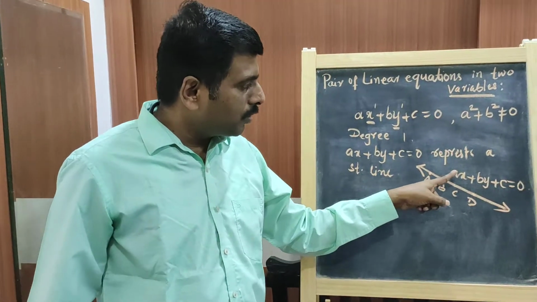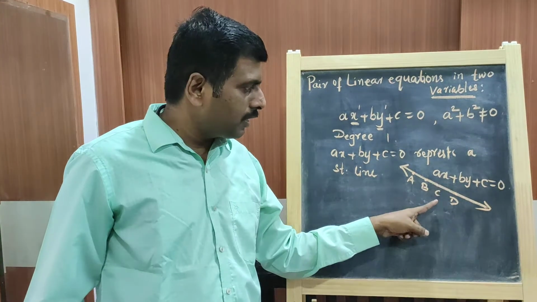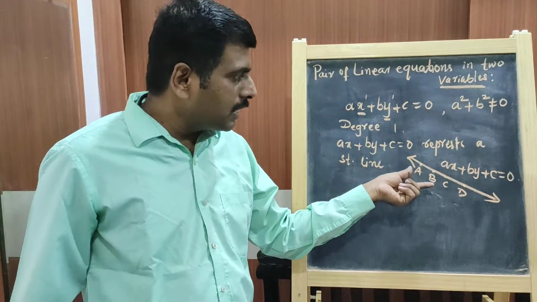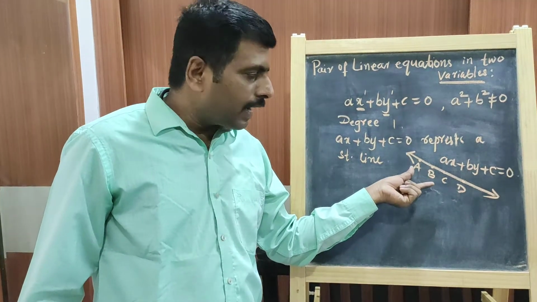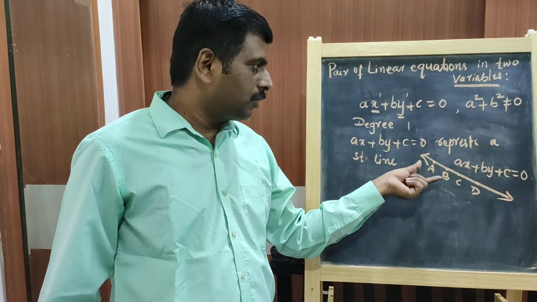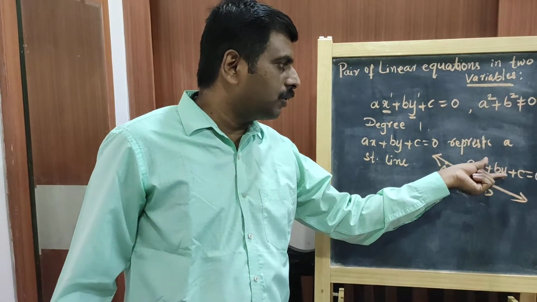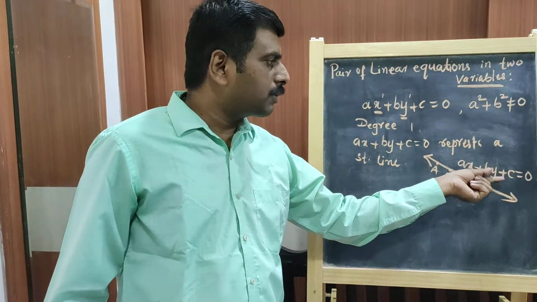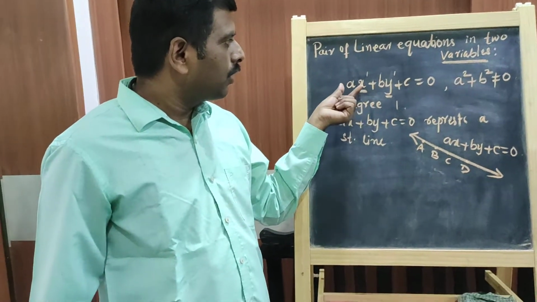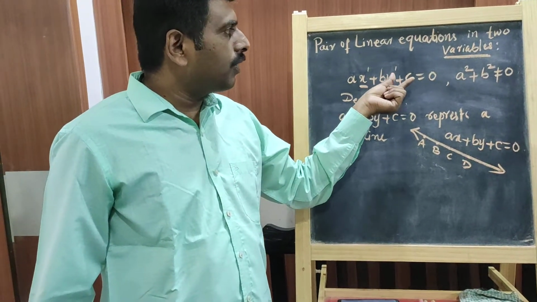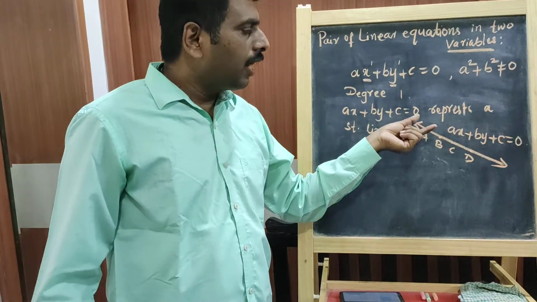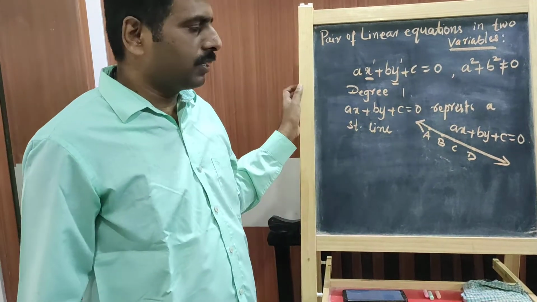A is one solution, B is one solution, C is one solution, D is also one solution. Since a straight line consists of infinite points, each and every point is a solution of ax plus by plus c is equal to 0. Therefore, ax plus by plus c is equal to 0 has infinitely many solutions.